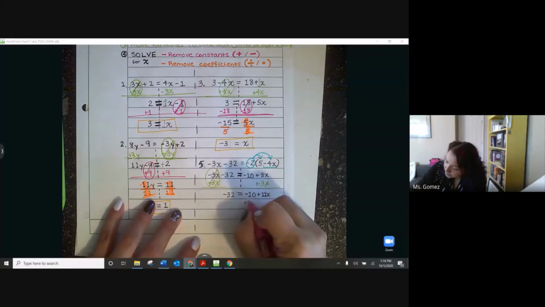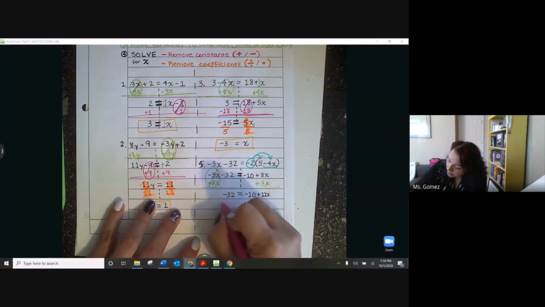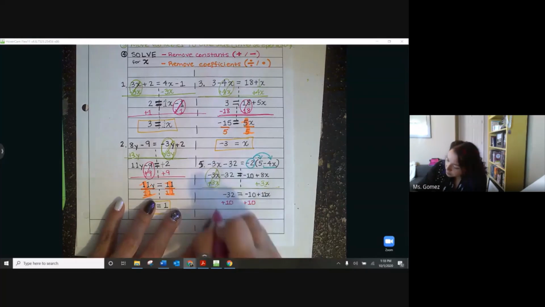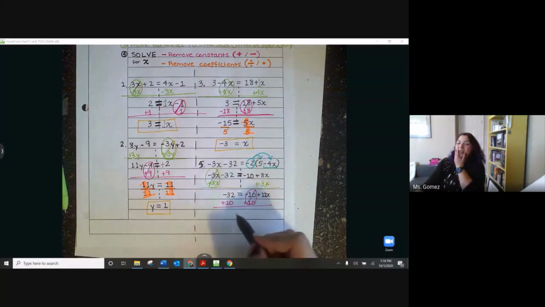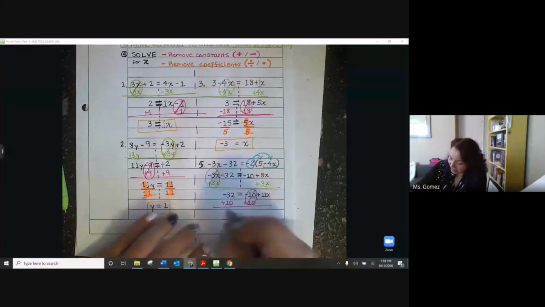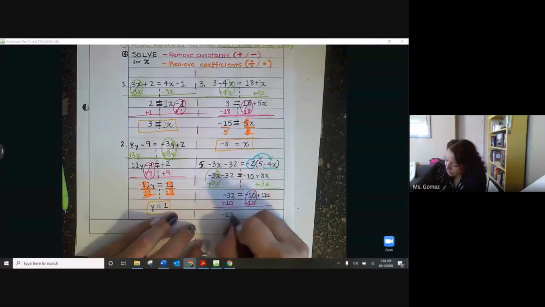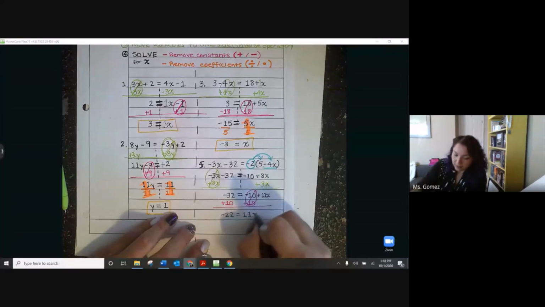All right. Big fat 0. Now, what's negative 32 plus, oh, child, all right, negative 22 is equal to 11x.